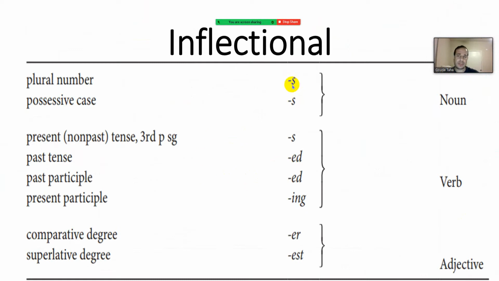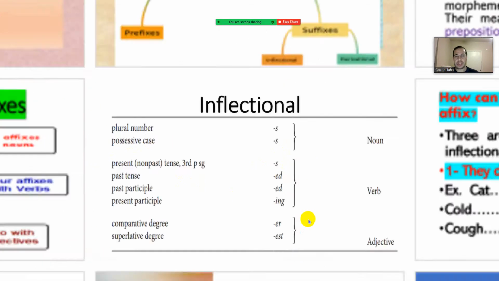So the first S is the plural S, the second S is the singular possessive S, and the last S is the plural possessive S. When it comes to verbs, we have S, which is the present simple third person, or ed past simple, or ed past participle, or ing the present participle. When it comes to adjectives, we have er and est.